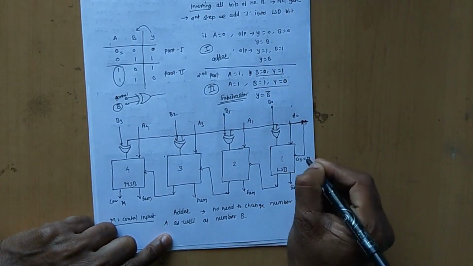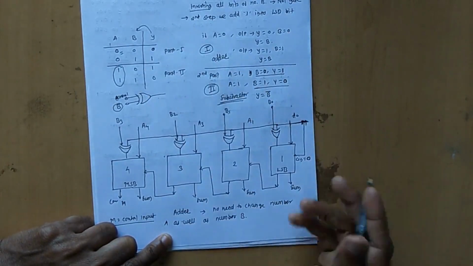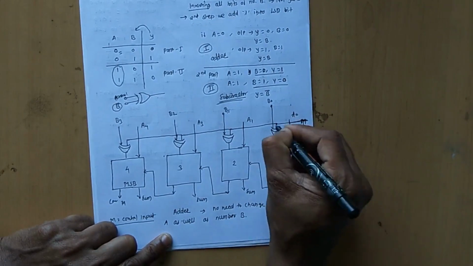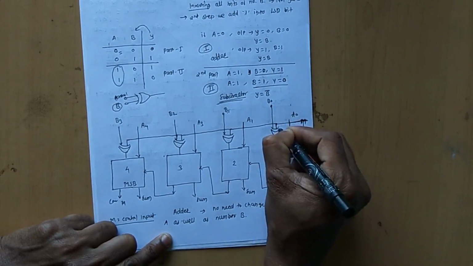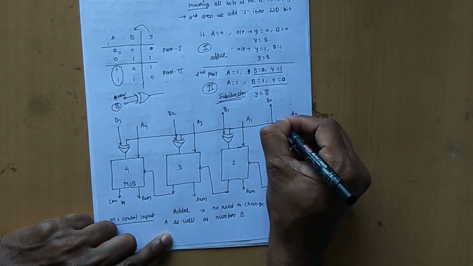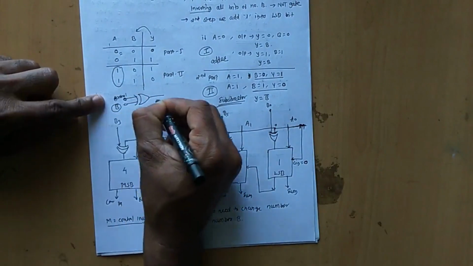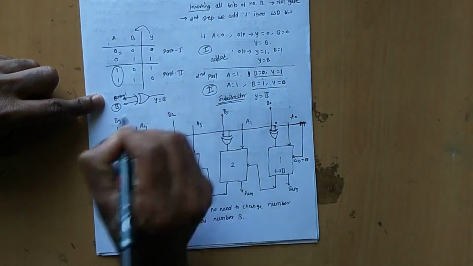If C in is 0, no need to add any value to the LSB bit, so C in is 0. Here if we give this control bit as 0, what will be the output? Output is equal to B.